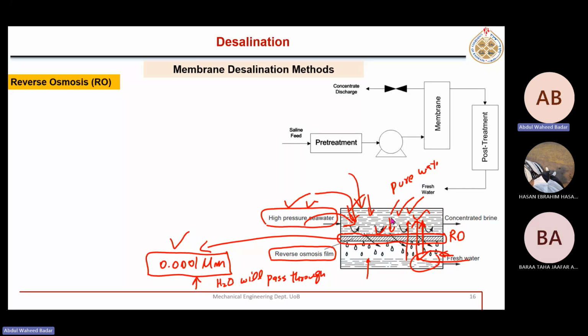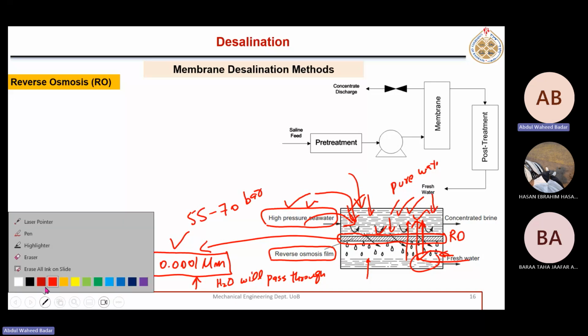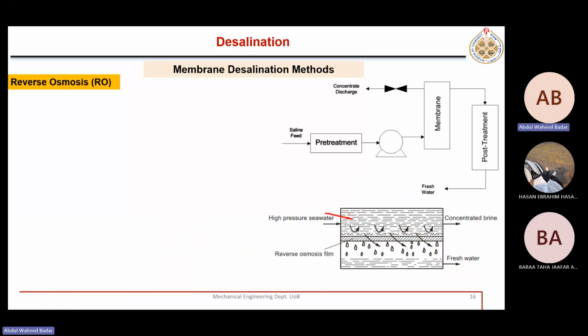Okay, so this pressure is normally in the range of, for example, 55 to 70 bar applied on this side, so that the pure water can penetrate through this membrane, and here again the brine is separated, right?